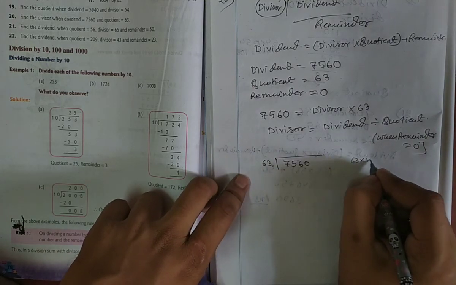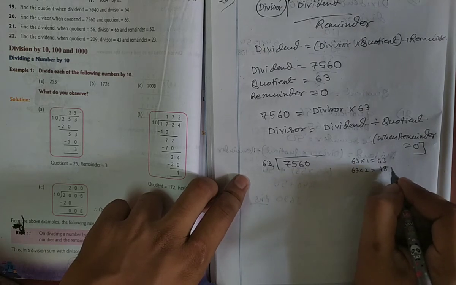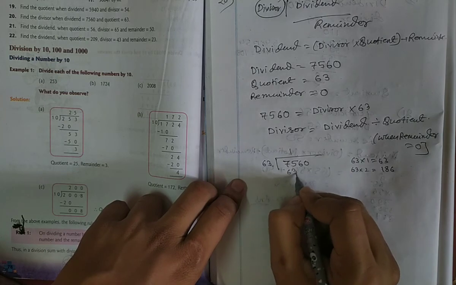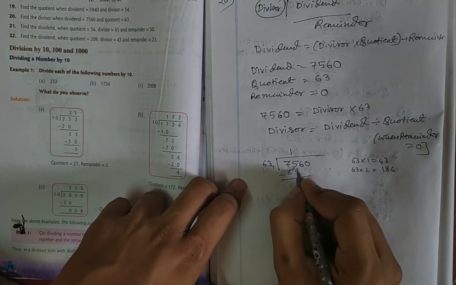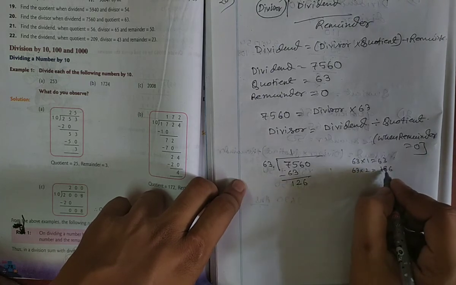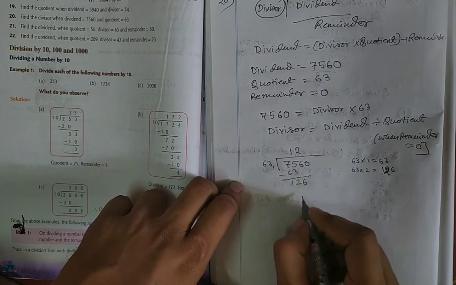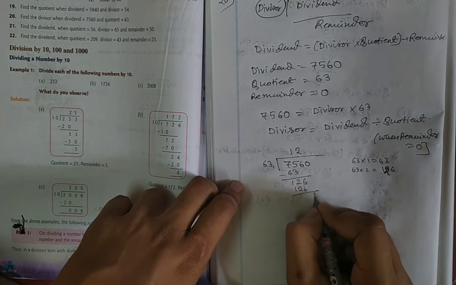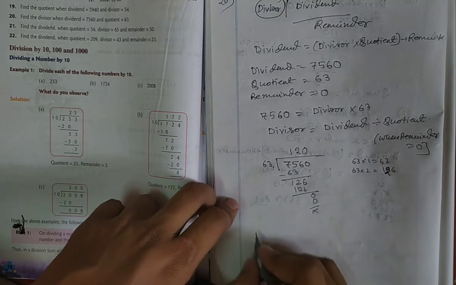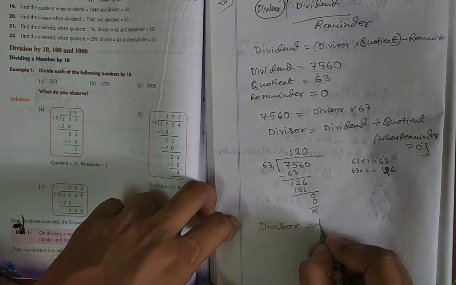So 63 into 1 is 63, 63 into 2 is 126. Here we write 1 times 63, subtract, we have 12, then 126, this is 126. So 2 times 126, 0. Okay, so the divisor is equal to 120.